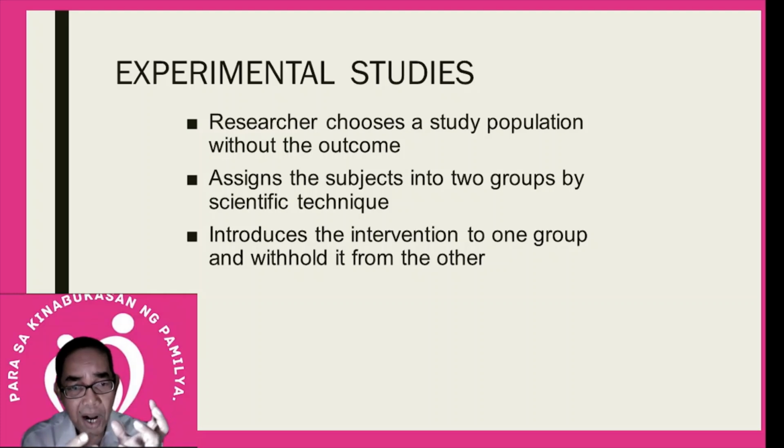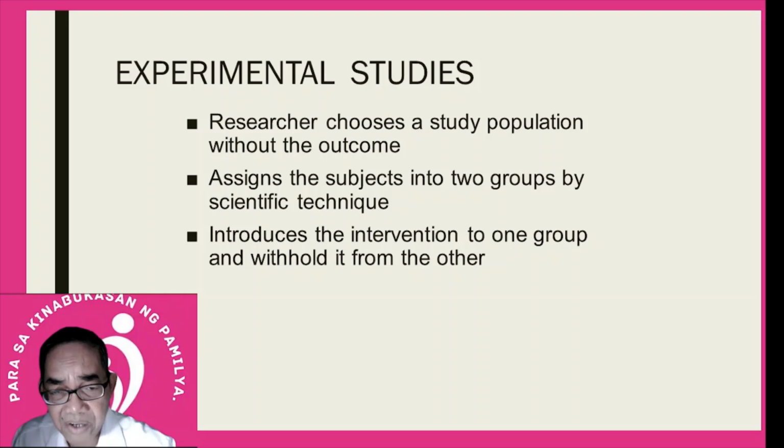When you assign the two groups using randomization, if the sample size is fairly large, we ensure that the characteristics of the two groups will be more or less the same, and the only difference is that one is given the intervention and the other is given the placebo.